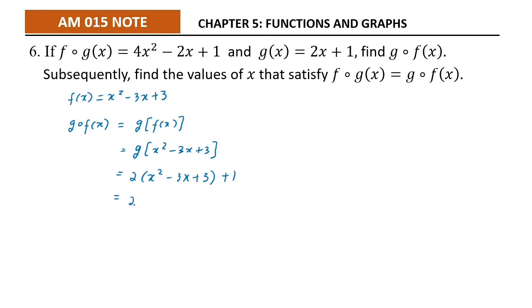And then simplify. 2x squared minus 6x plus 6 plus 1 equals 2x squared minus 6x plus 7.